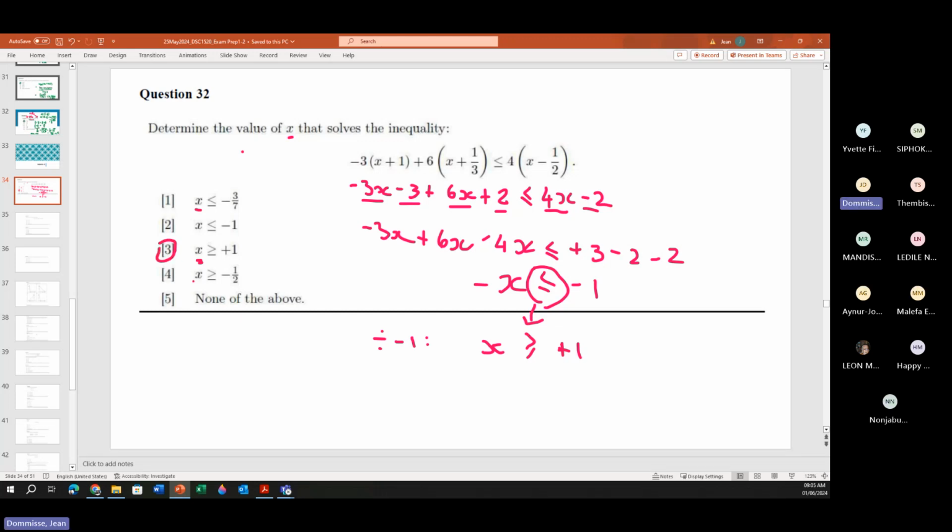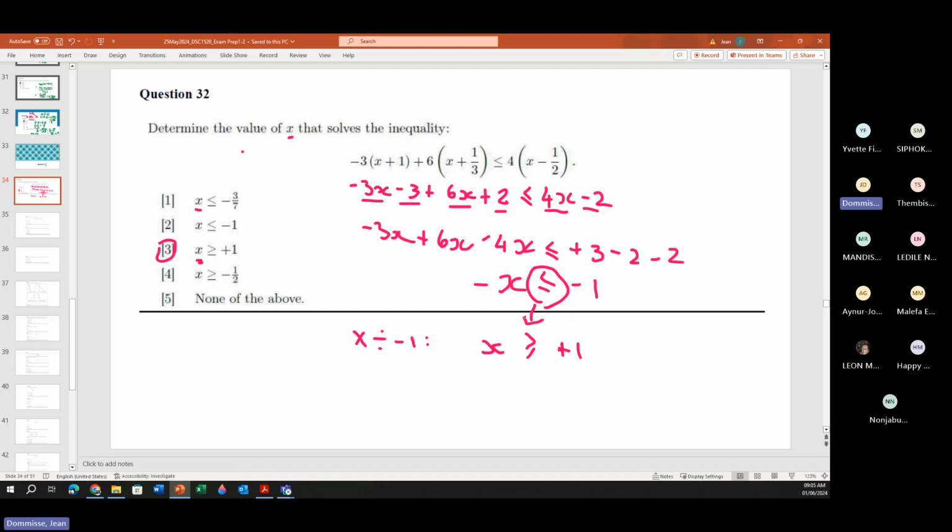In this case, we're not looking for minus x, we're looking for a positive x. To get to positive we divide or multiply by minus 1, and remember that the sign will swap around.